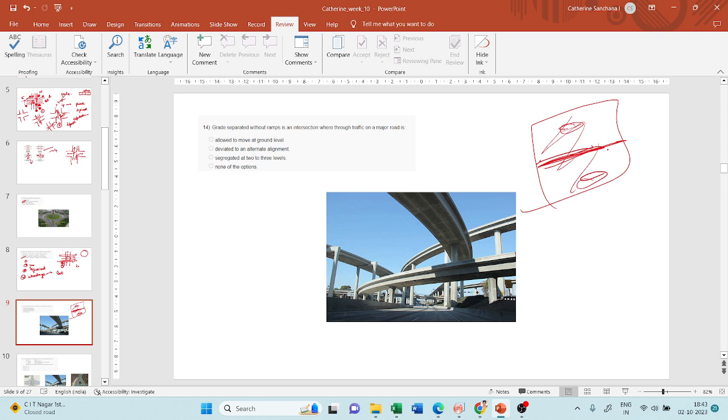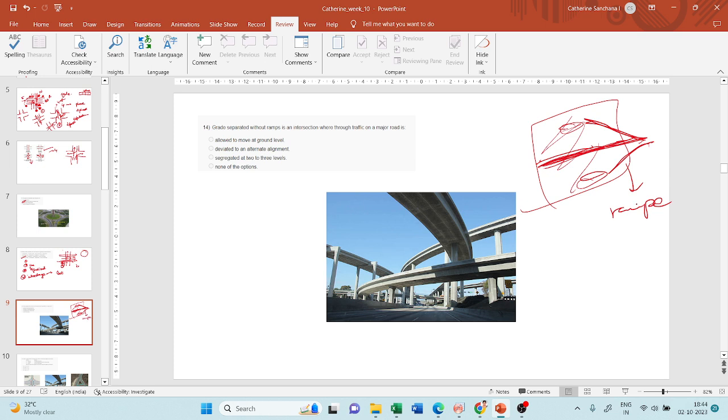Now, this grade separated intersection itself is of two types. One is with ramps and one is without ramps. What do they mean by with ramps and without ramps? If it is with ramps, it means that the vehicles on the ground level can access the vehicles on the upper level or lower level by ramps.